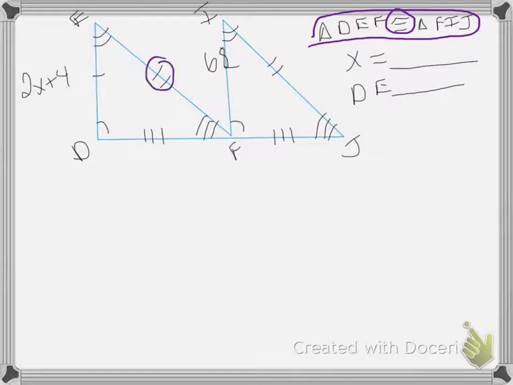Same thing here. See how it has 2? This one has 2. That means this one is the same as that side. This one has 3. So does this one. That means that this side here is the same as this one here. The same thing with the angles. See how this has 1 angle? This has 1 angle.